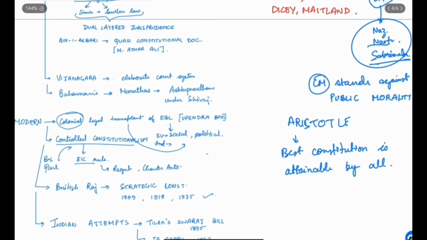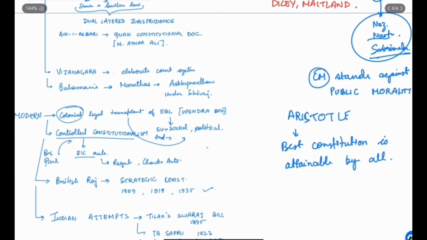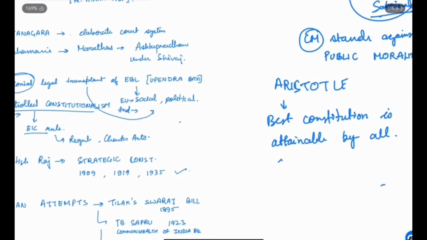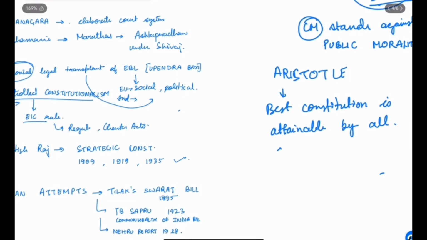So not only should constitution form the morality of the people, it should also be derived from the morality of the people, as it happened in the Indian scenario also. The idea of Sarva Dharma Sambhav, which was always there in Indian society, was adapted to shape the secularism that is enshrined in Articles 25 to 28 of the Indian Constitution.